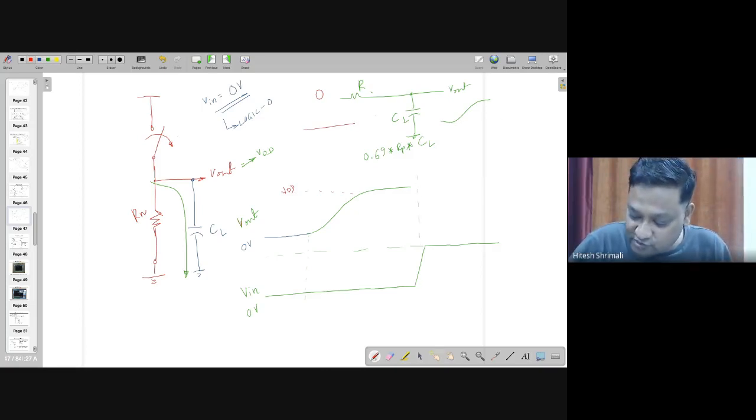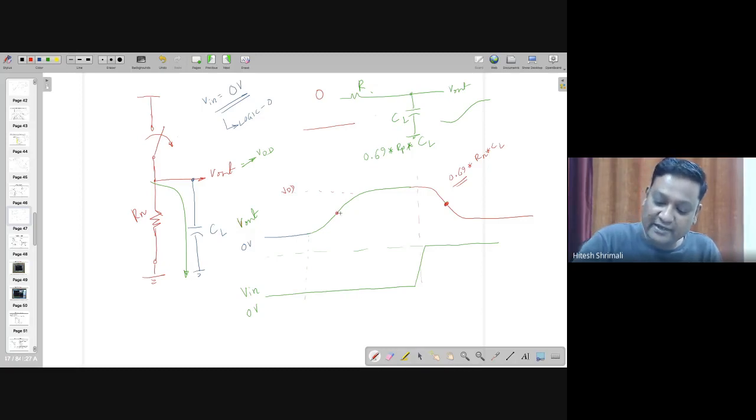When it's going from VDD to 0, it takes some time, having some time constant. Note that this is a first order system, so no fluctuations or transients can be seen. The time constant required going from 1 to 0 will again be 0.69 times Rn times CL. We are doing this because we are checking the time constant at 50%. If you want to see it at 100%, then it will not be 0.69, it will be Rp times CL, in this case Rn times CL, right?